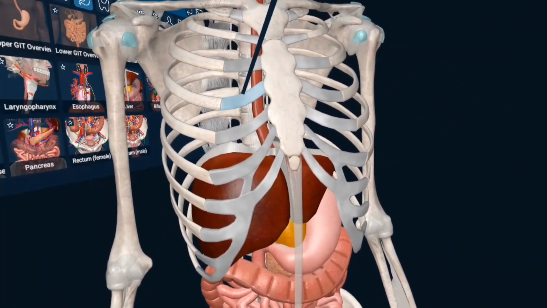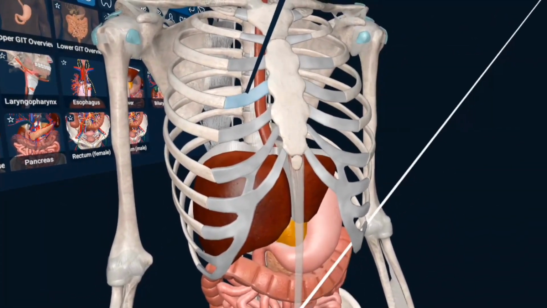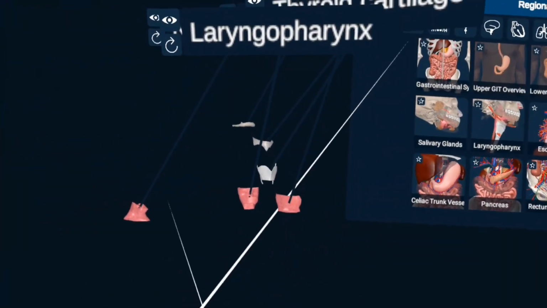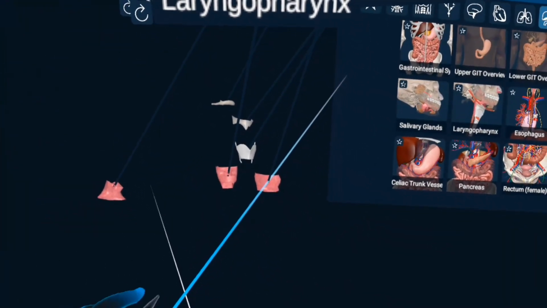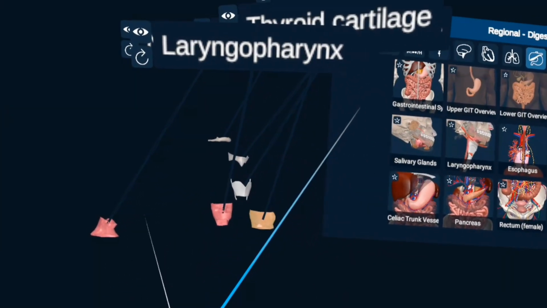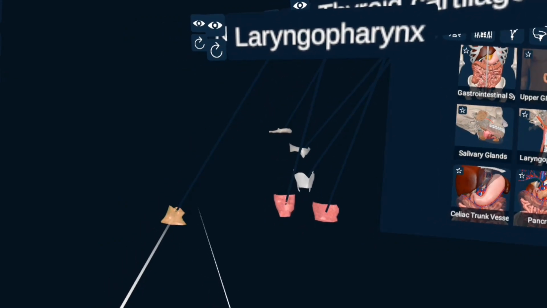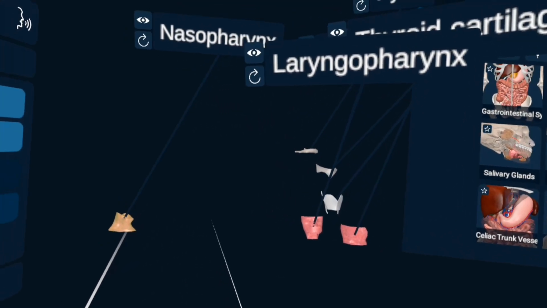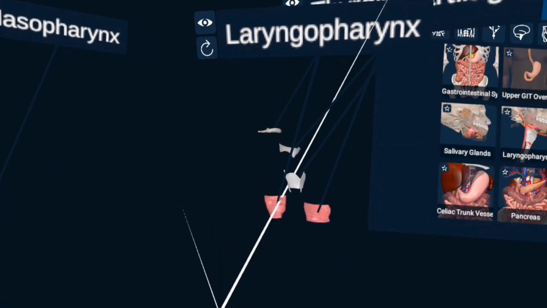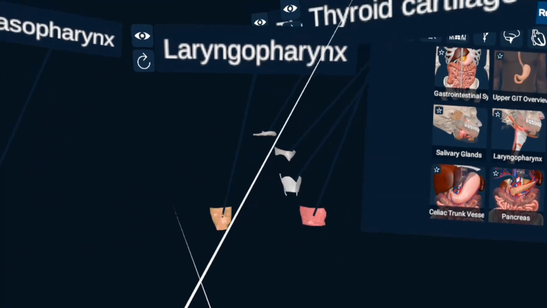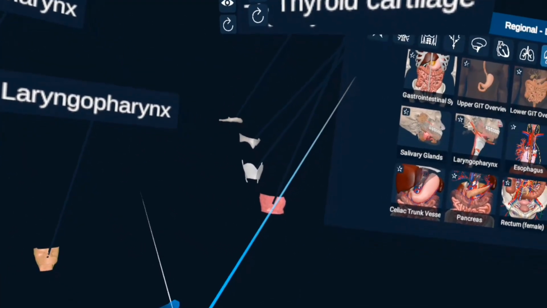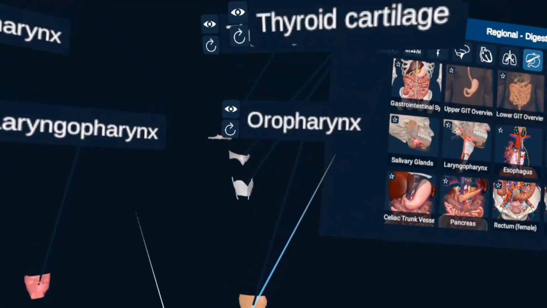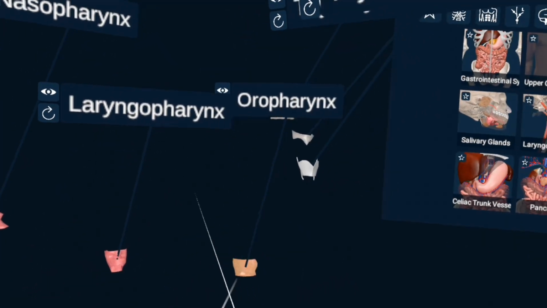Then we have the pharynx, which I already talked about. We talked about the nasopharynx, oropharynx, and laryngopharynx. So this is the nasopharynx. This is the laryngopharynx, and this right here is our oropharynx.